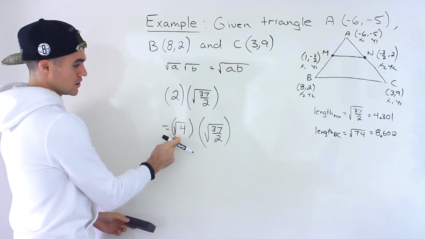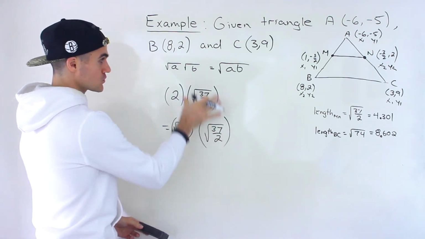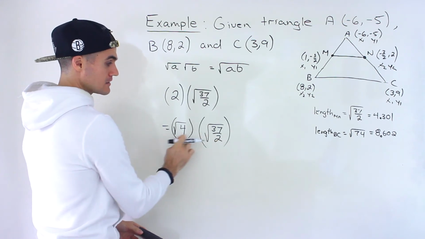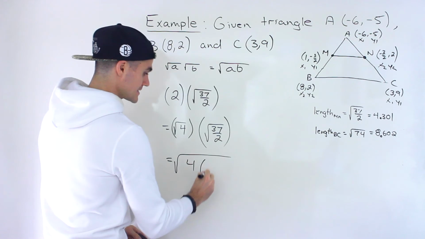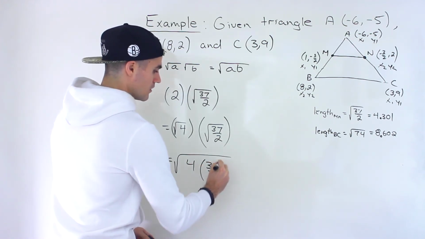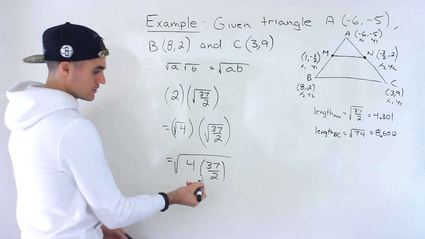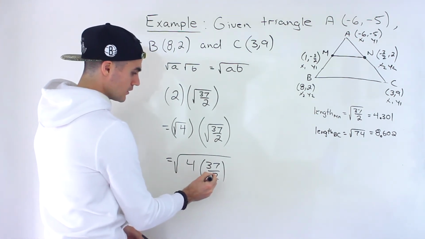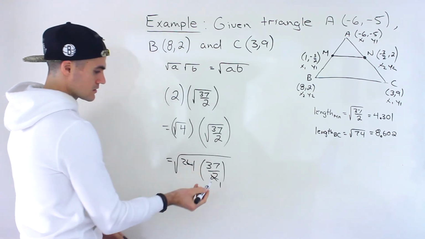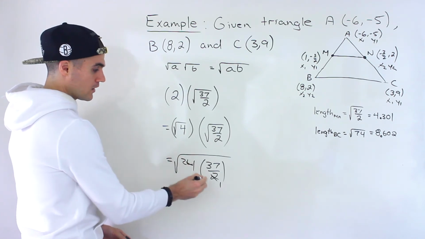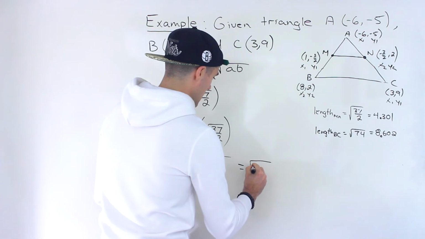We just changed the 2 to a square root of 4, and now because they're both under a square root, we can multiply these two values. So this is the same as the square root of 4 times 37 over 2. From here, notice 2 goes into 4 twice, so 4 over 2 simplifies to 2 over 1, and then 2 times 37 gives us 74.